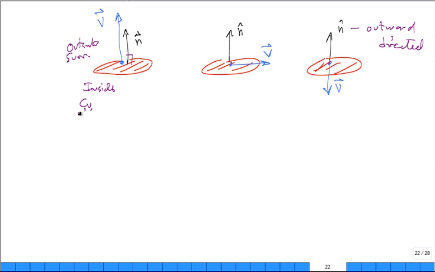So if I look at the first case, what's the flow? Outward. And then this is no flow across or crossing the boundary. And then what is this case? Inward flow. Inflow. Not outflow. Okay? So get those all straight in your mind.